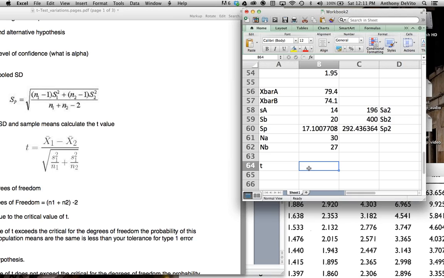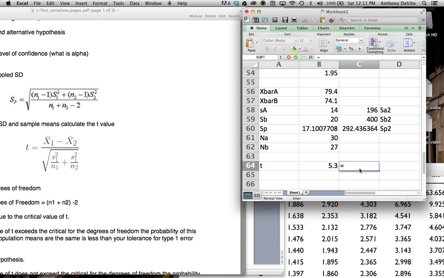So now I'm going to calculate my t-score in two segments here. First thing I'm going to do is take mean 1 minus mean 2. Okay, it's 5.3. That's the numerator. Then I'm going to calculate the denominator.